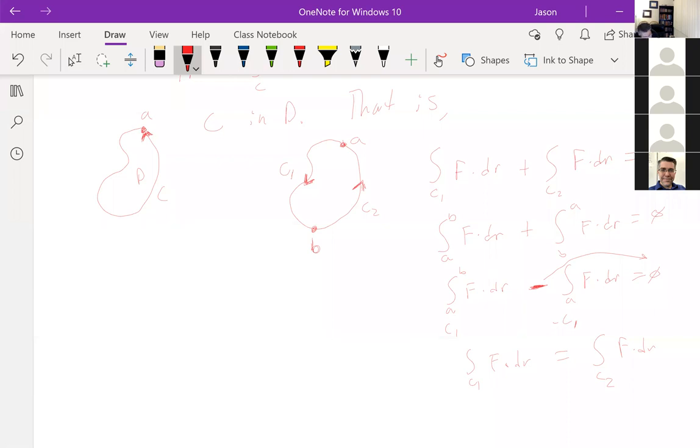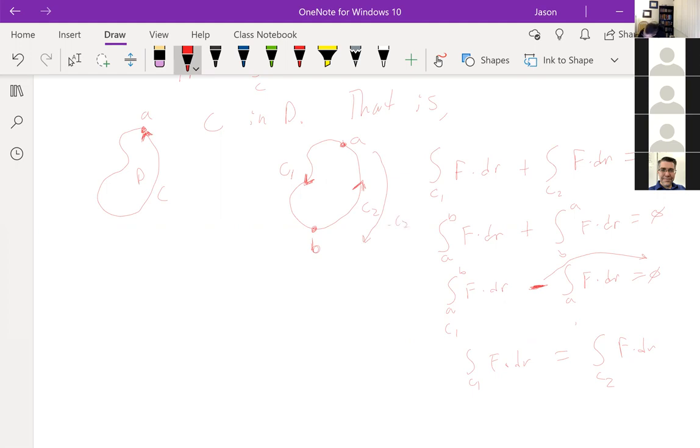Okay, let's go backwards here. Oh, A to B is not negative C1, that's the problem. A to B is negative C2. Does that make sense?